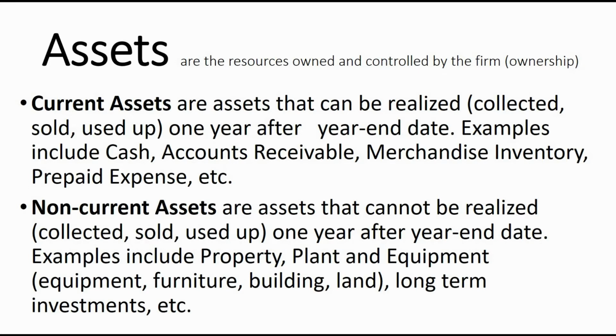Sa loob ng isang taon, kinaklasify natin ang asset as current assets if kaya siyang kolektahin, ibenta, or gamitin sa loob ng isang taon. While kapag non-current asset, ito naman yung assets that cannot be realized 1 year after the year-end date. Hindi mo siya kayang kolektahin, hindi mo siya kayang ibenta, at hindi mo siya kayang ubusin sa loob ng isang taon.